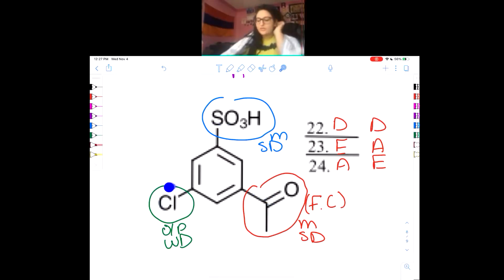So chlorine could not have been first because that is the most activating, and it would have had to direct ortho and para. But remember, the most activating group is going to direct the next group added. So if we had added D and then A, this group would have to be ortho or para compared to the chlorine.